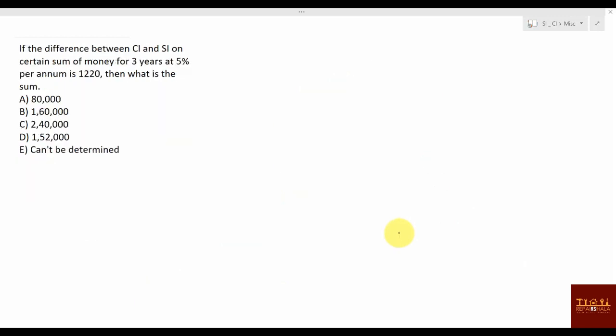Solve this question. The difference between CI and SI on a certain sum of money for 3 years at 5% per annum is 1220. What is the sum? You know that it is given 3 years, 3 consecutive increases of 5%, 5% and 5%.